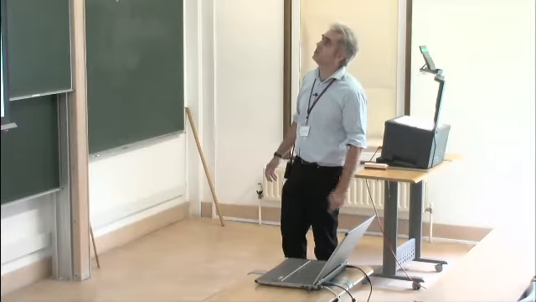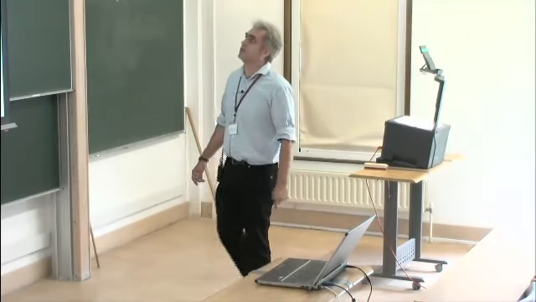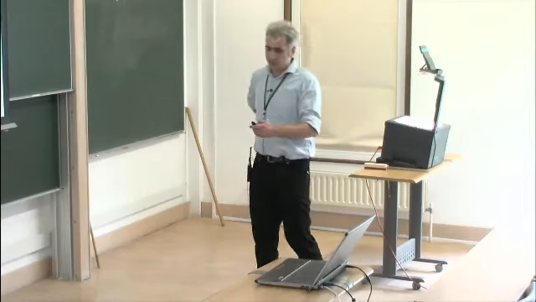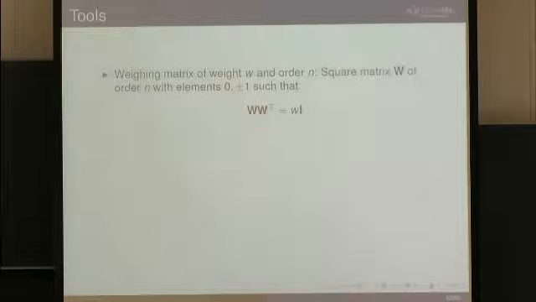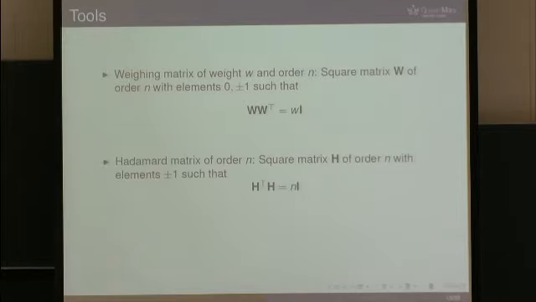So for that reason, I'm going to consider weighing matrices, which have only 3 values, 0, plus or minus 1, and which are such that W, a square matrix with n rows and columns, multiplied with its transpose gives a multiple of the identity matrix, where W is the so-called weight of the weighing matrix. You may also use Hadamard matrices, and in order to combine them, we use Kronecker products.